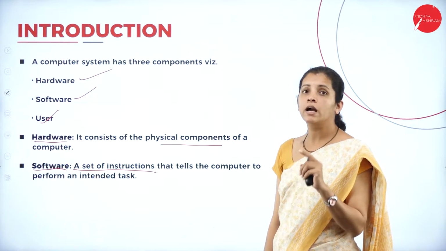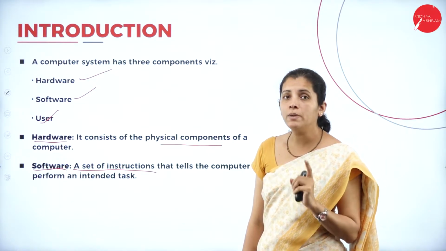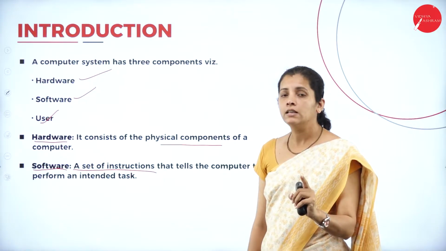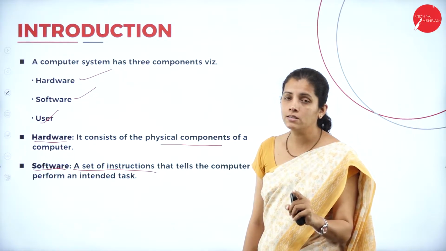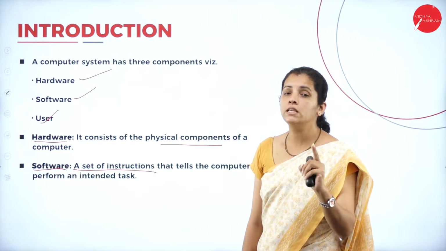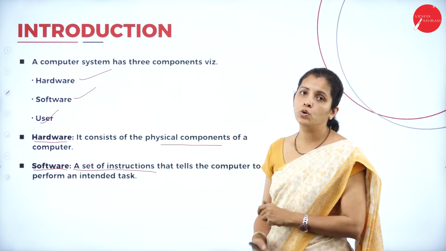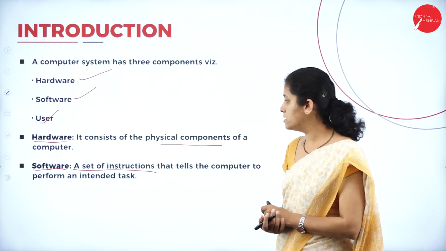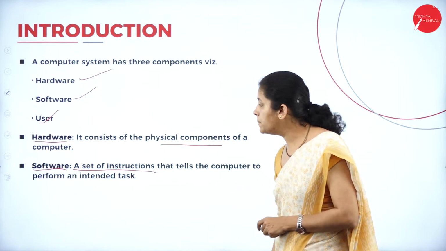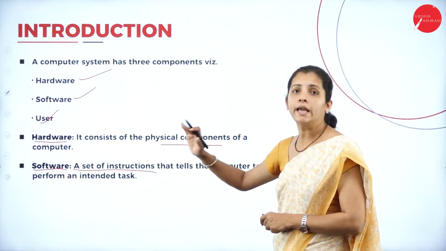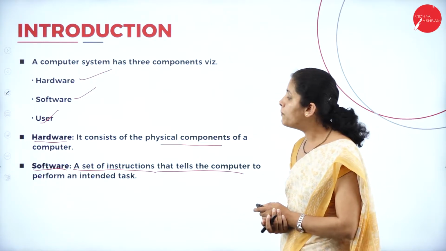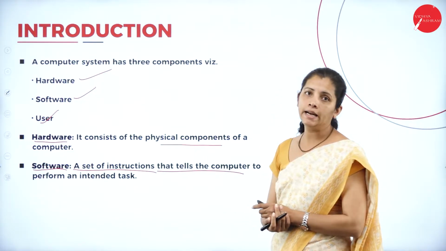That means computers are dummy machines, and if I want any work to be done by the computer system, then I must provide the instruction. So here software is nothing but the set of instruction that tells the computer system to perform an intended task.